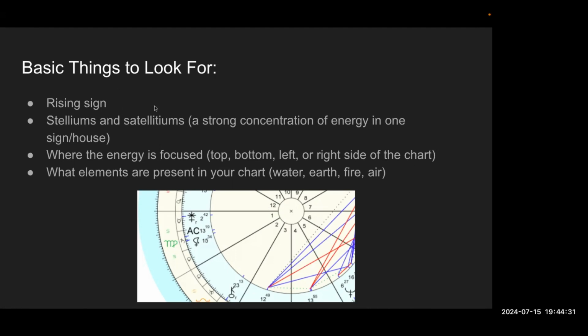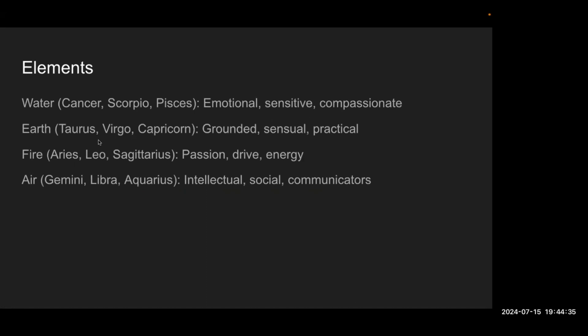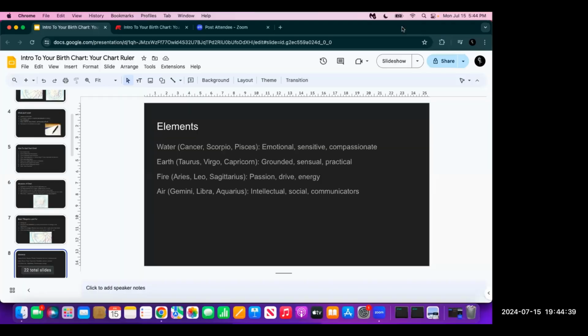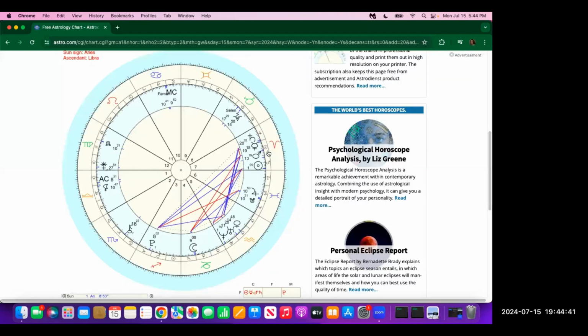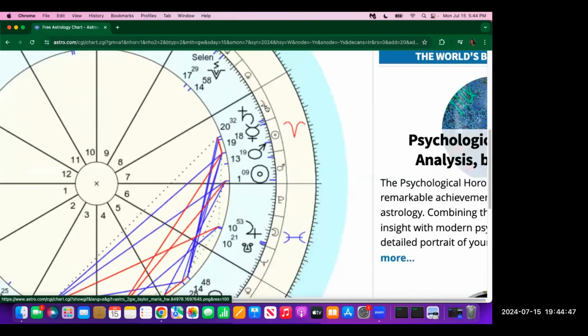So, for example, going back to my chart, I do have a satellitium in Aries. As you guys can see, I have a concentration of planets over here in my Aries seventh house, which means my seventh house has a lot of energy being pulled into it. So I'm going to want to be mindful of seventh house matters in my life.